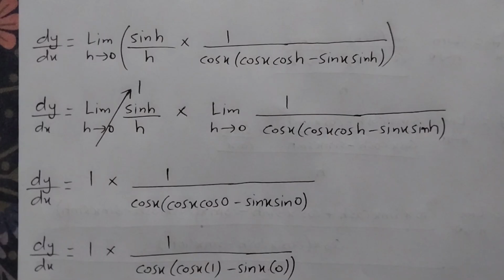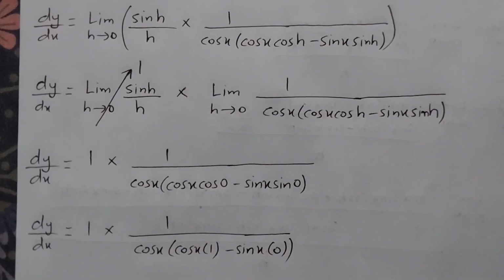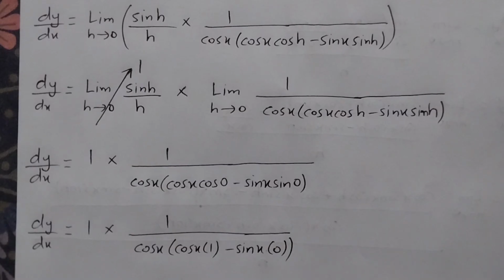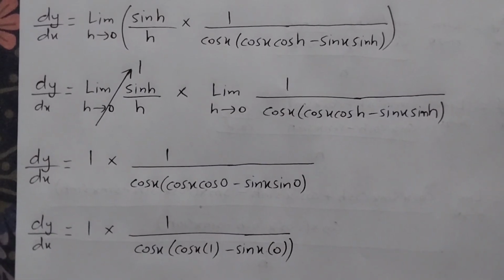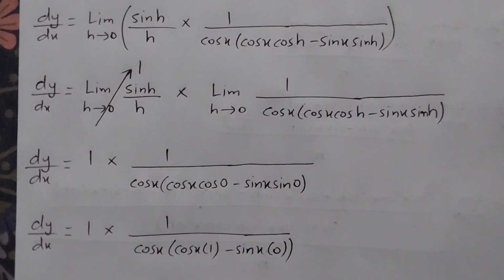So this will be equal to 1 multiplied by, if you look at this limit, if we put h equal to 0 in this, we can do that, because we don't get a 0 in the denominator, and we can't get 0 by 0 here, because in the numerator we have 1.